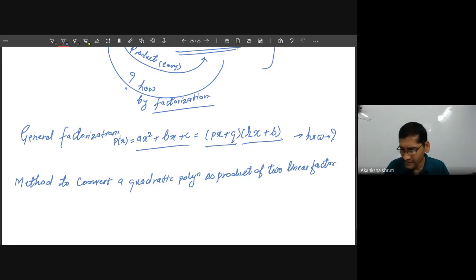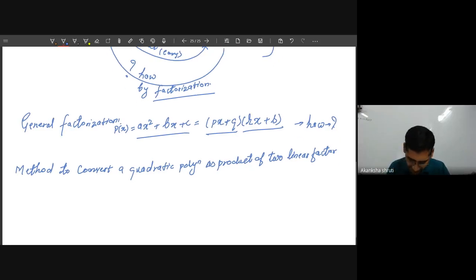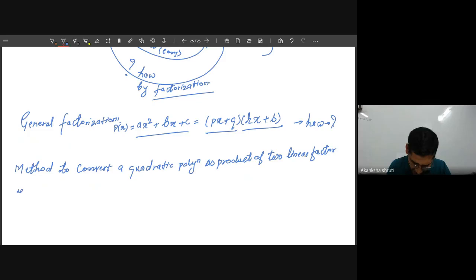So this method is called splitting the middle term, this b.